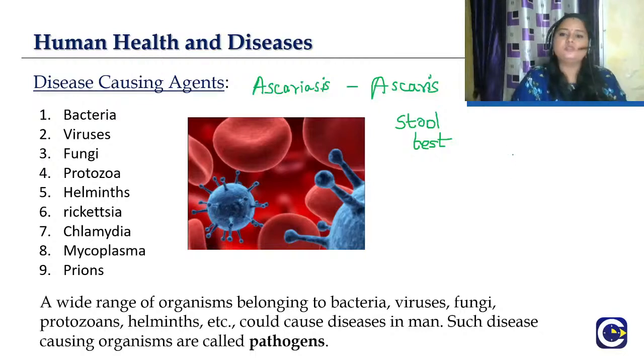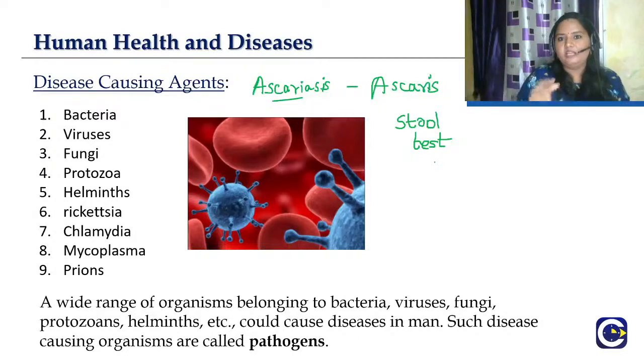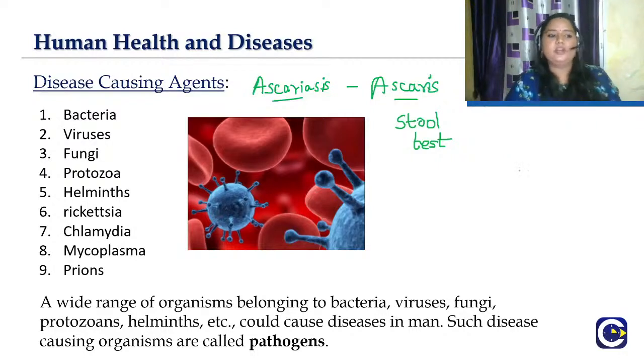If there is a presence of Ascaris, then we confirm ascariasis disease and simply we take a deworming drug. During early childhood, your mother would have given you deworming syrup every 6 months. That would kill all these worms and you can get rid of this helminth infection. Any doubts?